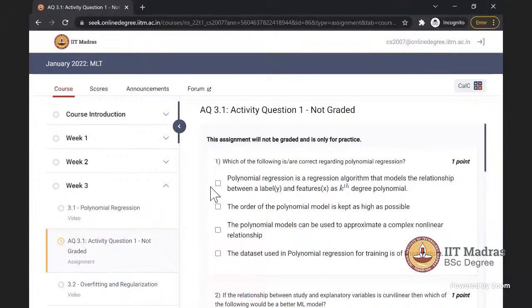So let's go to our first set of activity questions. The first question says, which of the following is/are correct regarding polynomial regression? Polynomial regression is a regression algorithm that models the relationship between label and features as a kth degree polynomial. What do you think, is it true or false?